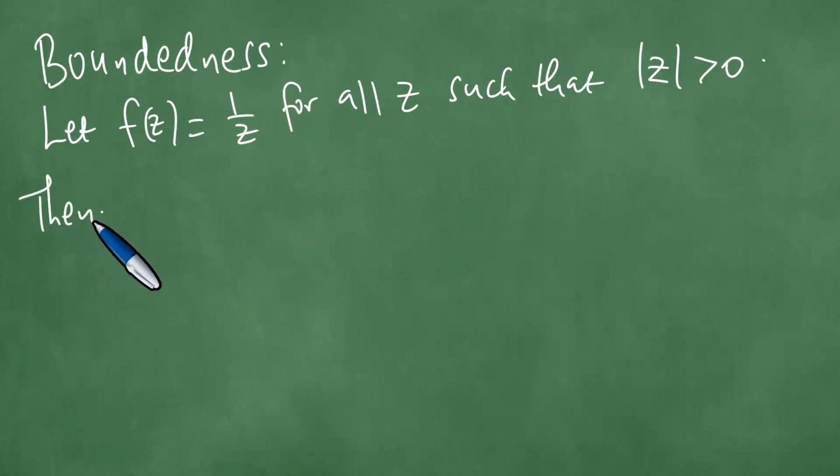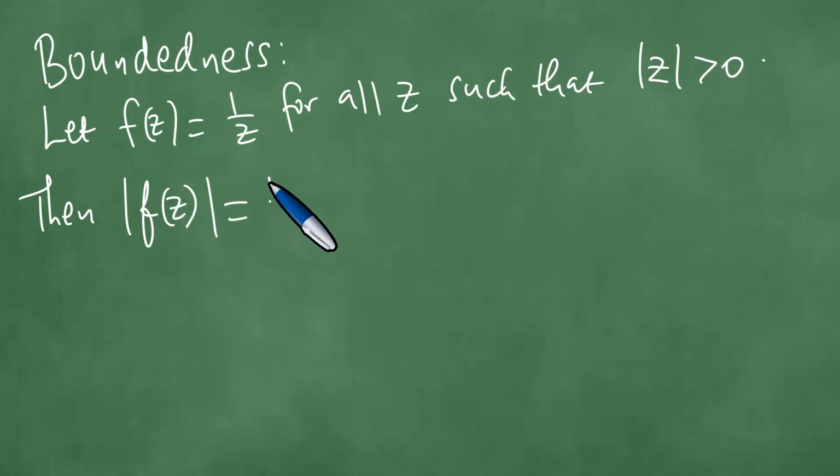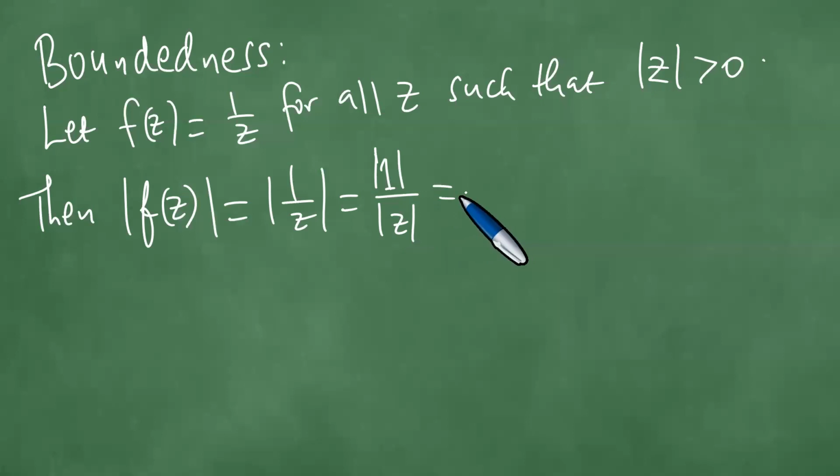Then we can take the modulus of this, which is the modulus of 1 divided by the modulus of z, which is 1 over the modulus of z.